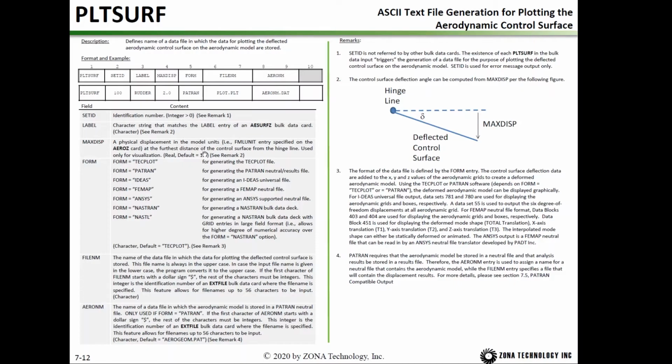And finally, you can use the PLTSERV card, which generates a graphic file. So you give an ID, you refer to the label of the ASET2 or AESLINK card. Then you give a maximum displacement of the control surface deflection, and depending on what kind of graphic software you have, you generate a file according to that graphic software.